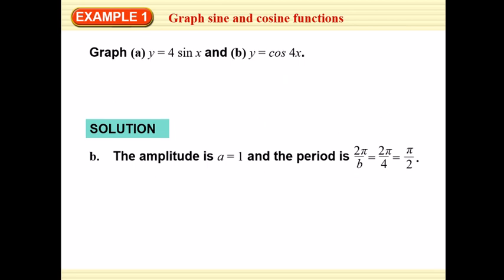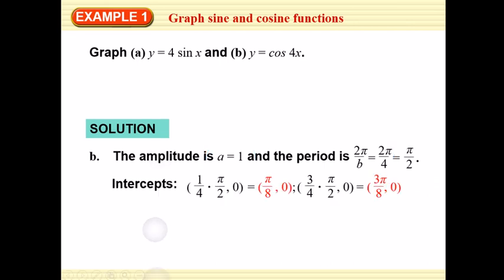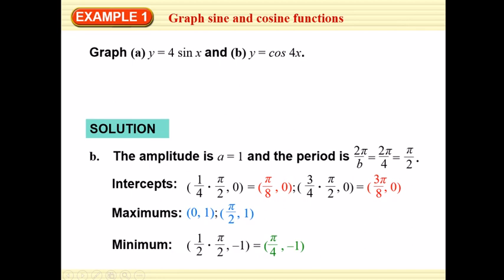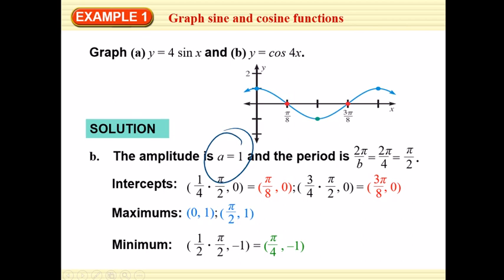Part B, my amplitude is 1, so that is normal, it has not changed. However, the period is pi over 2 here instead, since we computed 2 pi over 4 using the b value. Alright, so they go through their steps, but I would just jump straight ahead to the graph, using my amplitude is 1 and my period is pi over 2.